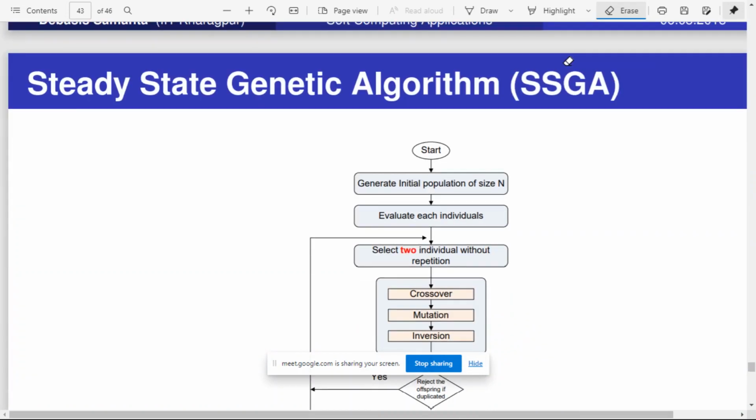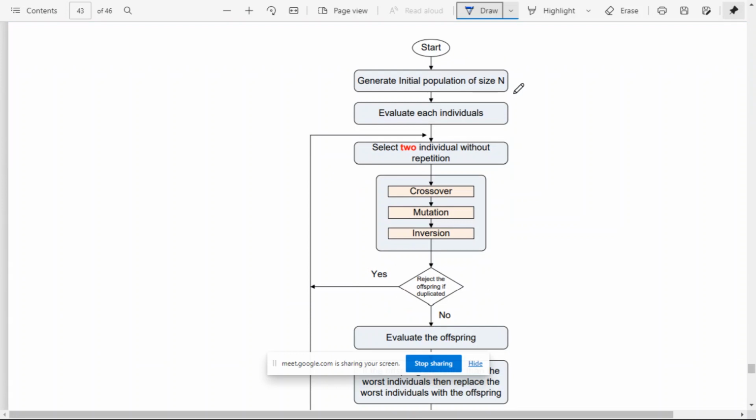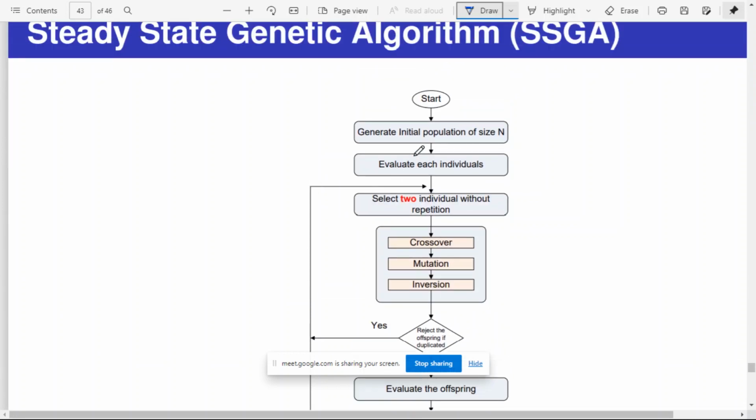The next algorithm is steady state GA. There is a little difference between simple GA and steady state GA, so let us see the algorithm. As usual, initially we have an initial population of size n, and we evaluate each individual and identify their fitness score.